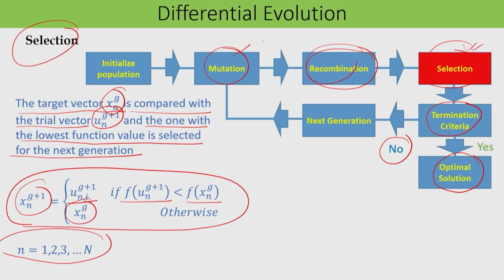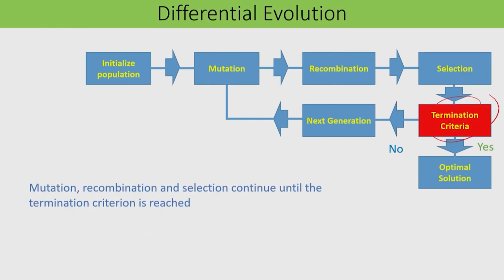Then again we check the termination criteria. This iteration continues until the termination criterion is satisfied, and once it is satisfied, we declare the optimal solution. So, mutation, recombination and selection continue until the termination criterion is reached.